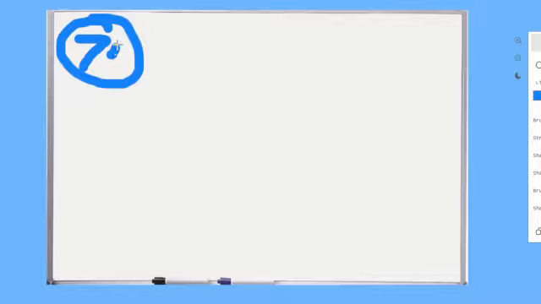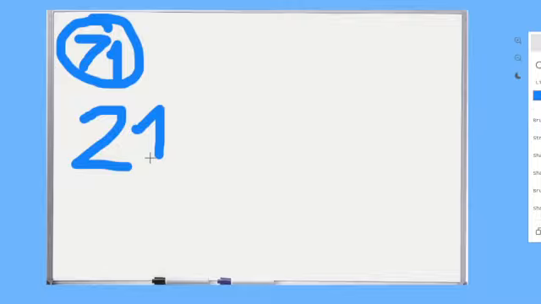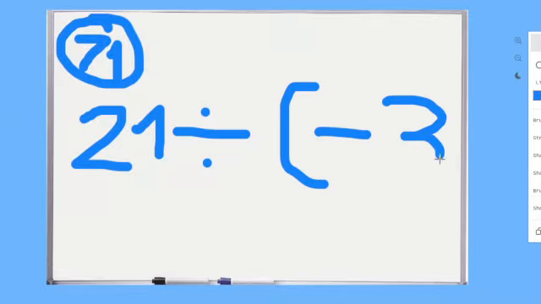So the first question, this is question number 71 in the difficulty chart obby, and it is 21 divided by -3.